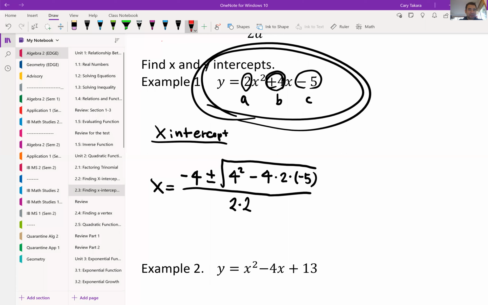We'll get to this, but y-intercept is going to be just -5, because you put 0 in x, and all you get is -5. Parker, were you here yesterday? Yeah. So y-intercept is going to be -5. But we'll get to that.